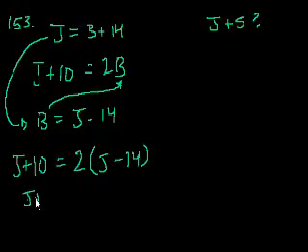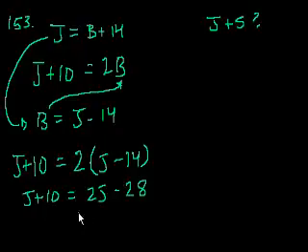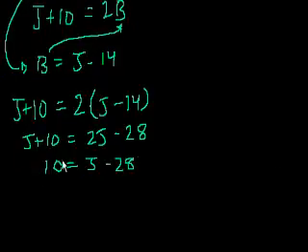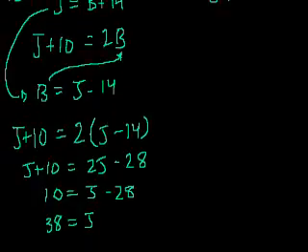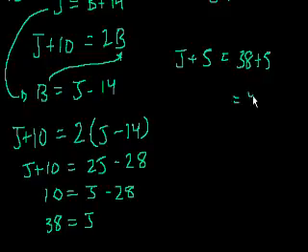So Jack plus 10 is equal to 2 times Jack minus 28. If we subtract Jack from both sides, we get 10 is equal to Jack minus 28. We can add 28 to both sides, and you get 38 is equal to Jack. So that's how old Jack is now. He's 38 years old. So how old is Jack going to be in 5 years? 38 plus 5 is equal to 43 years old.